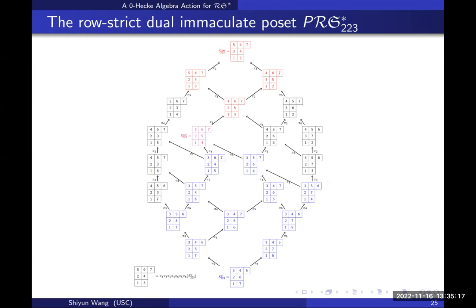So for example, we can randomly pick one, for example this one, and basically you just go through all the numbers. We can only get a new tableau, for example with pi_4, because 5 is below 4, so you swap 5 and 4.